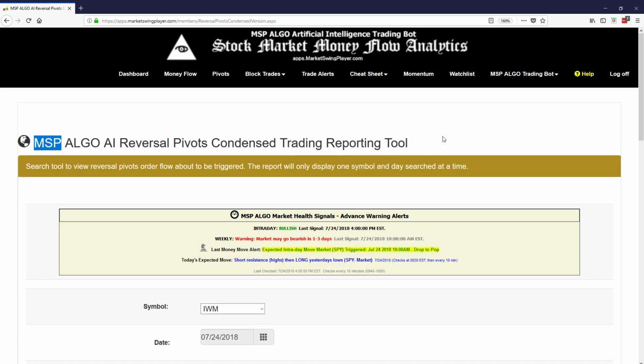Okay. So what it does is it looks at approximately 100 things per millisecond to detect what is going on with a stock's price action to give signals. Okay.